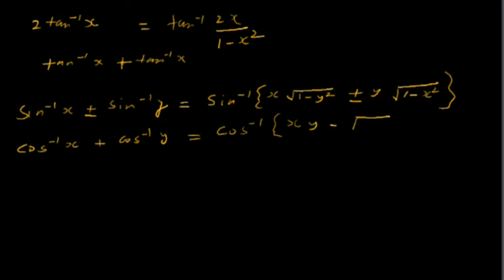That means xy minus under root 1 minus x square into under root 1 minus y square. Same way you can apply the formula for cos inverse x minus cos inverse y, which will be cos inverse of xy plus under root 1 minus x square into under root 1 minus y square. You apply this formula, things will be easier for you.